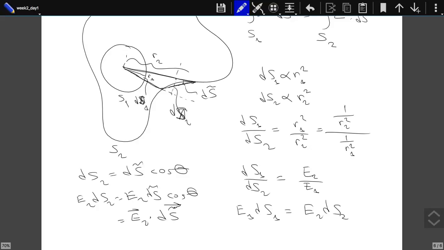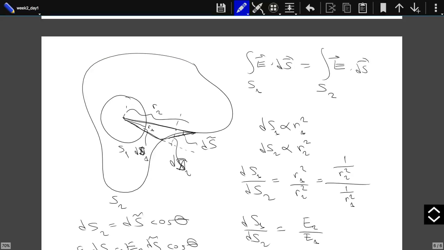Scalar product brings the cosine theta. So what this proved is that if you have an arbitrary surface, inside you have a point charge, the flux going through this arbitrary surface is equal to the flux going through this sphere that is centered at my point charge. Well, we didn't even specify what the size of this sphere is. You can just imagine it as small as you like, as long as it contains a charge. So that is what we had proven here.